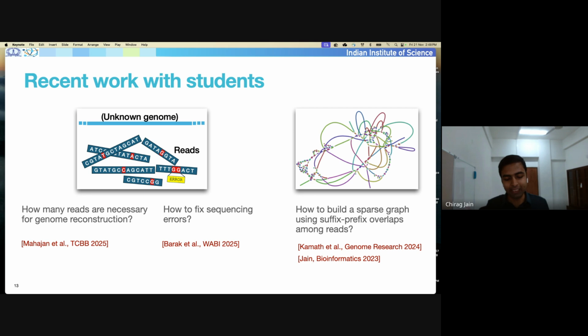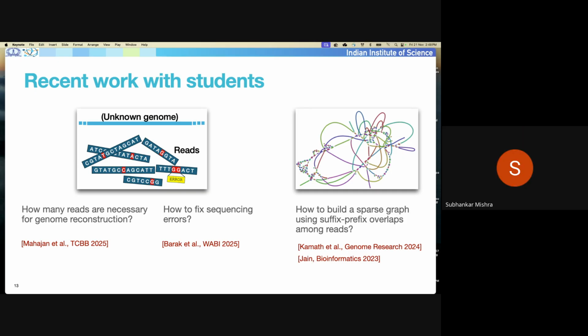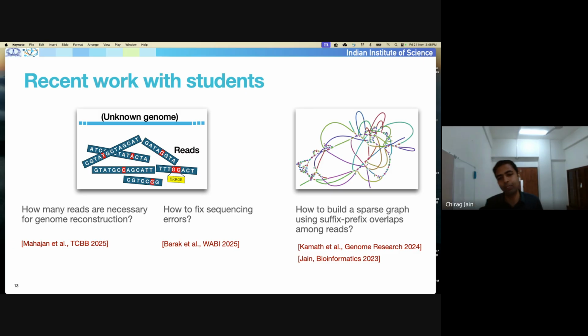This is a parsimony-based formulation, but this and many other formulations turned out to be problematic. Even though the shortest common superstring is an NP-hard problem, even if you had a supercomputer or a quantum computer to solve it exactly, the output would not make biological sense. It is framed under a parsimony assumption that the shortest possible answer is the correct answer, but biological sequences don't satisfy that property.